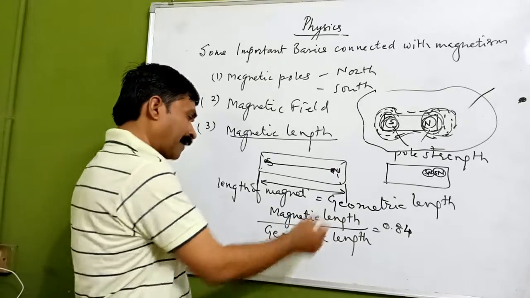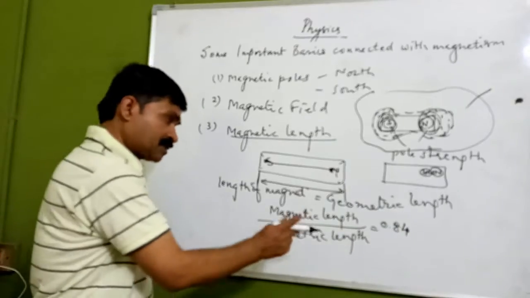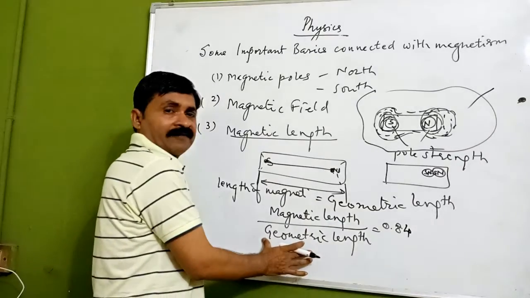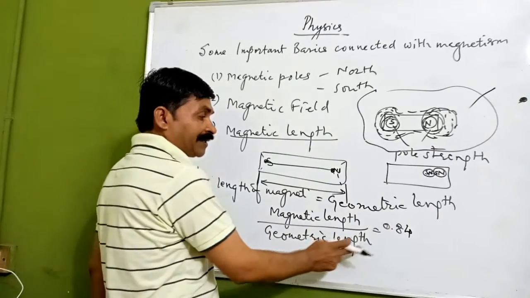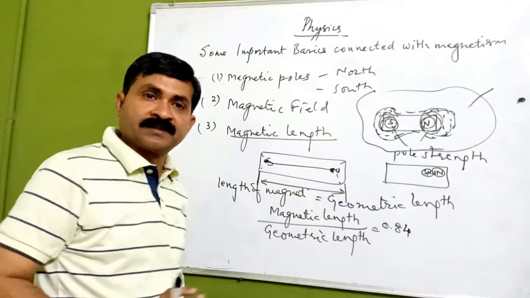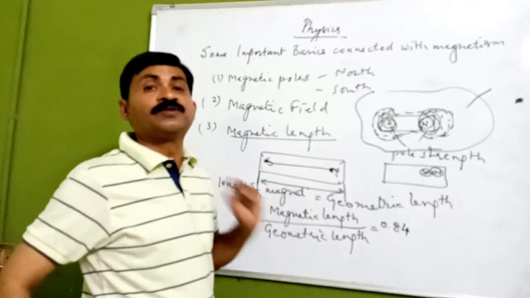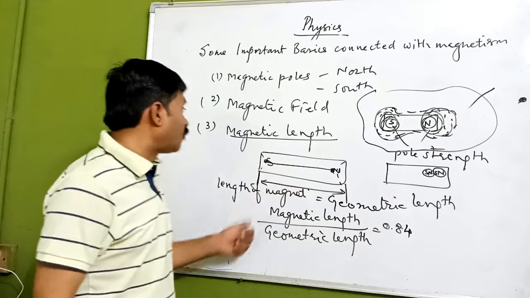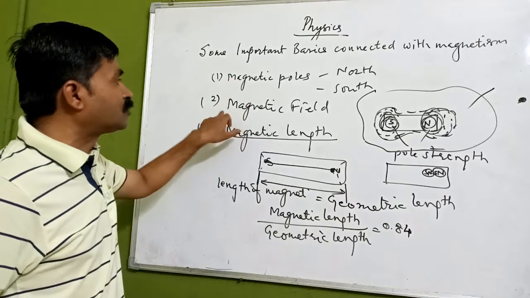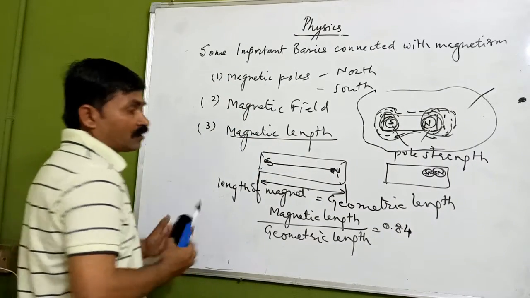So in simple language, the magnetic length will be 84% of the geometric length. The 84% of geometric length will give the magnetic length. Okay, so what have we got? We have got magnetic poles, magnetic field, magnetic length and geometric length.